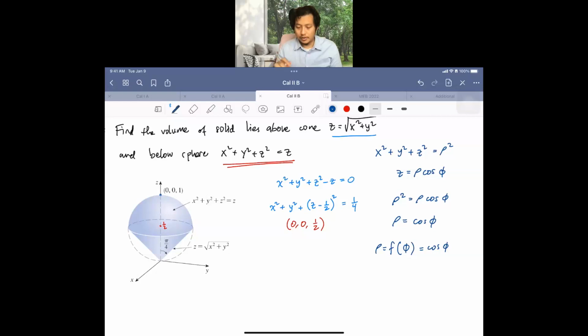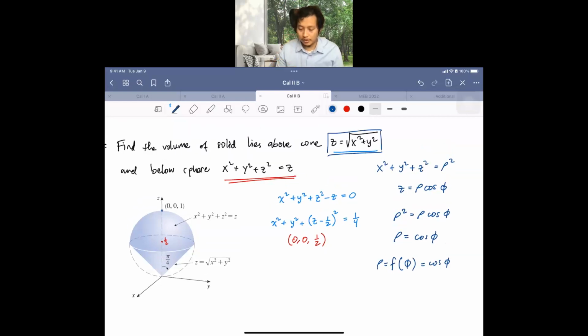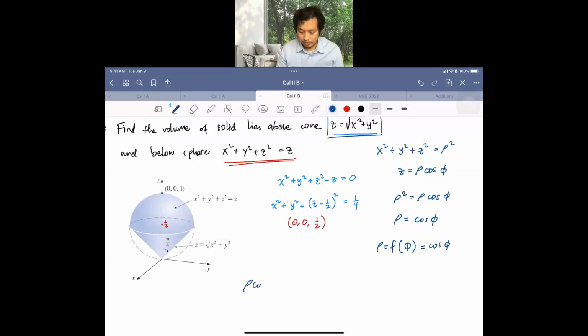And then we could describe the cone. We could describe the cone as z is rho cosine psi equal to the square root of rho squared sine squared psi cos squared theta plus rho squared sine squared psi sine squared theta.